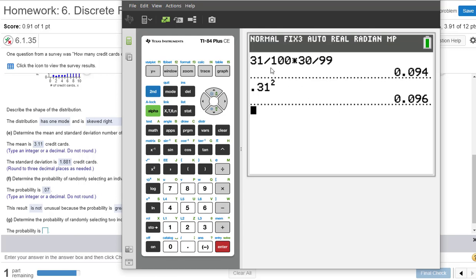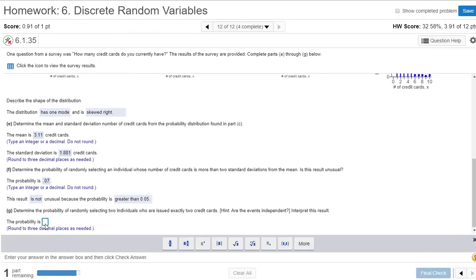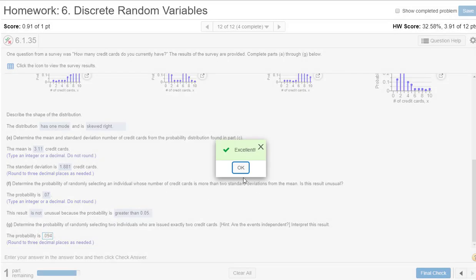If the numbers are really small, like if we only had 20 people and we're not doing replacement, then you would probably need to back these out. But with this number, it seems close enough to me. But we're off by 2 1,000ths of a probability point. But 0.094, I believe, is what they're looking for. We'll find out. Good.